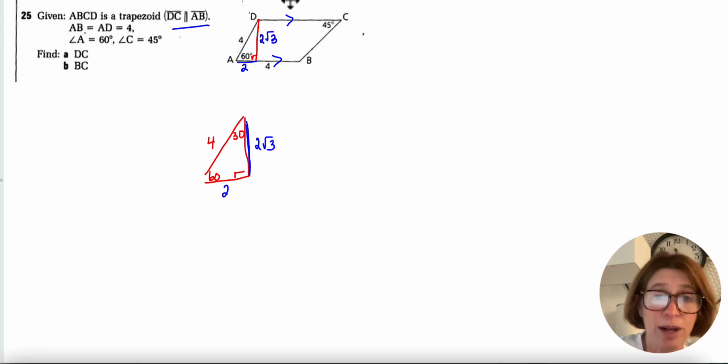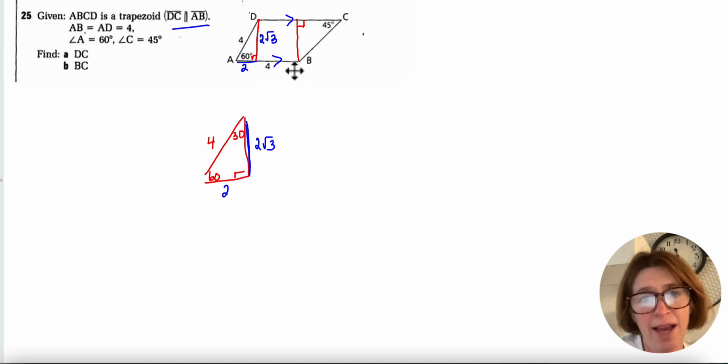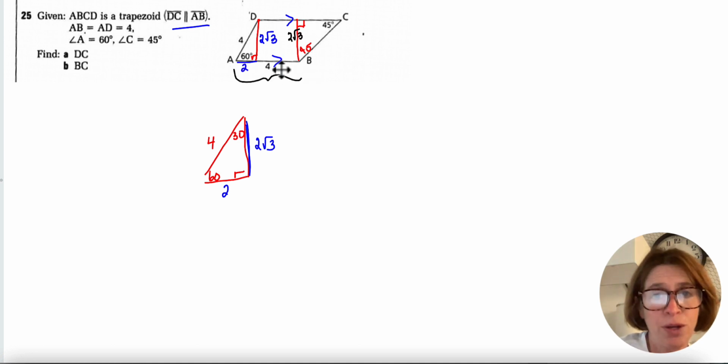That's a little bit helpful, right? Now I'm going to go across to the other side, and I recognize that if I drop an altitude going up, I have a 45, 45, 90 triangle. Since I've created a rectangle, this would have to be 2 root 3. If we know the whole length of AB is 4, we know this side is 2, so up here I know this side is 2.